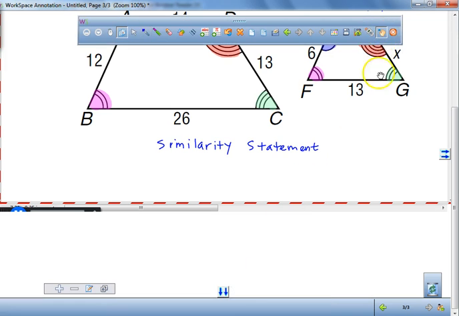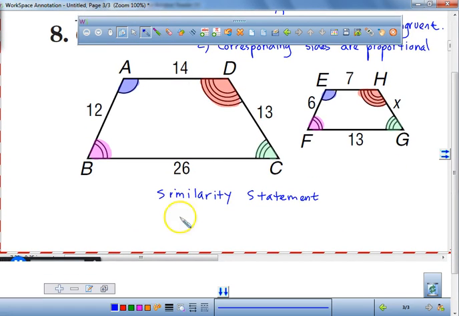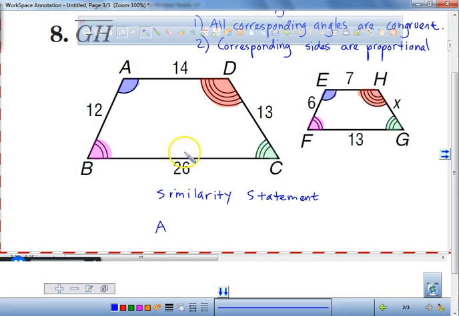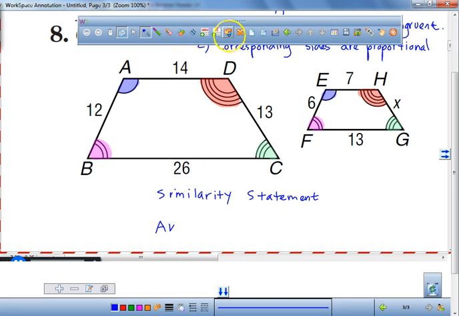So right now, we're going to look at this, and I'm going to go in a particular order. I'm going to say trapezoid, or I guess technically we don't know that they look parallel, so let's call that quadrilateral A, B, C, D. So basically this quadrilateral A, B, C, D is going to be similar.